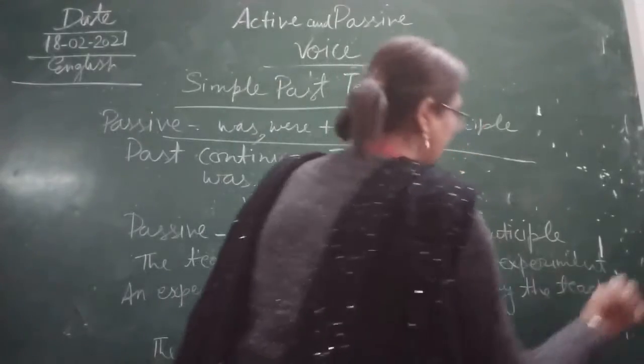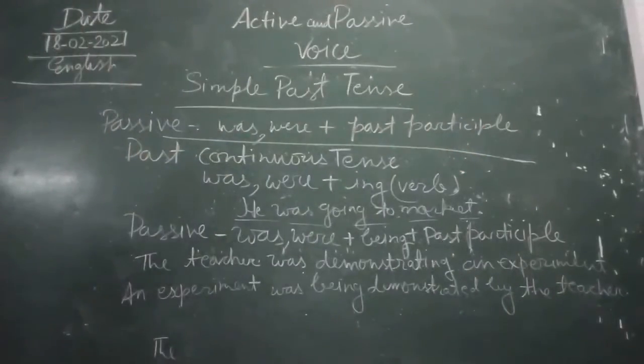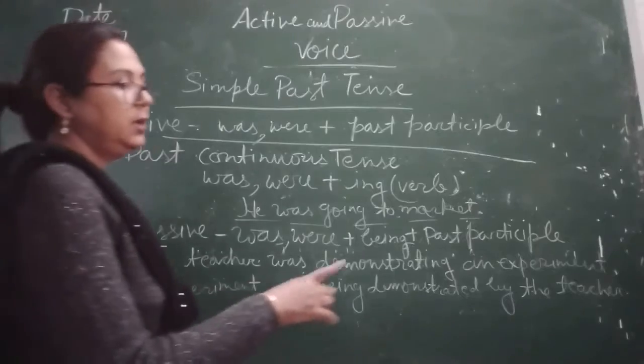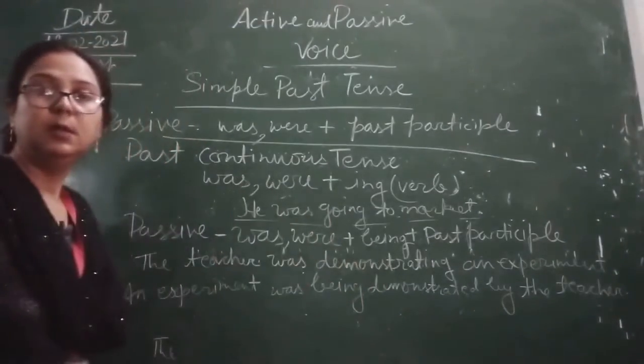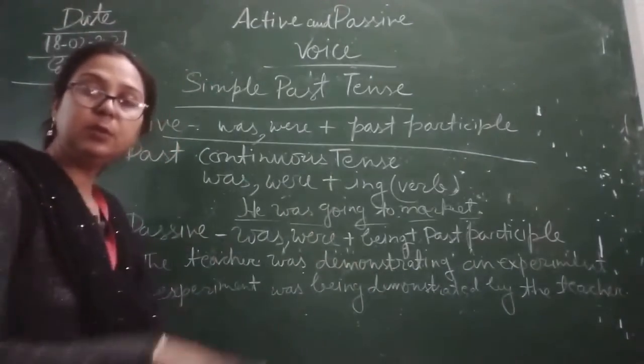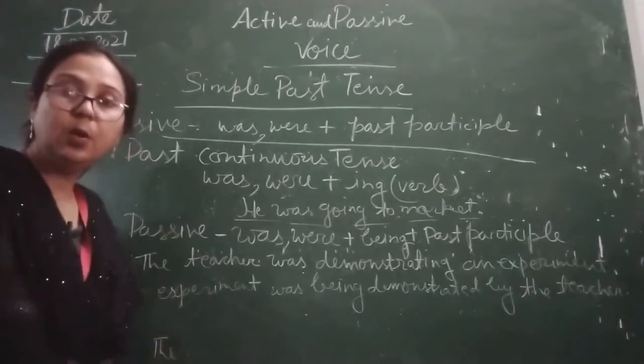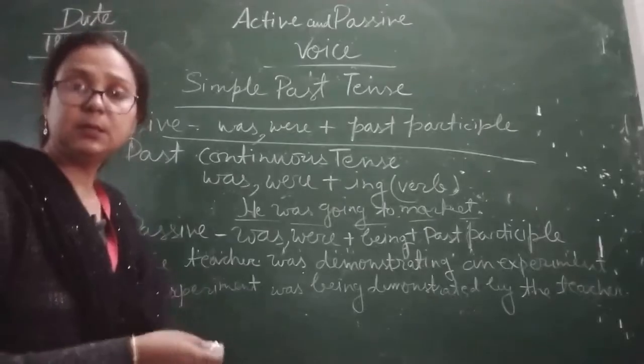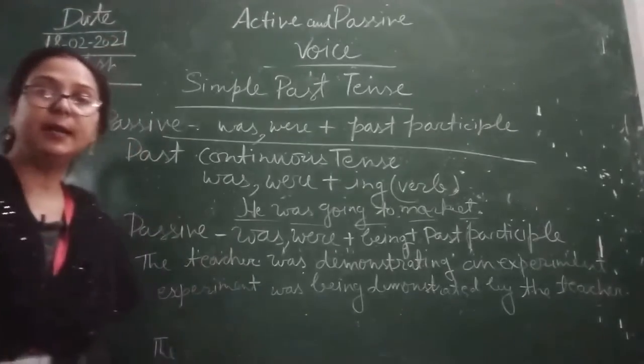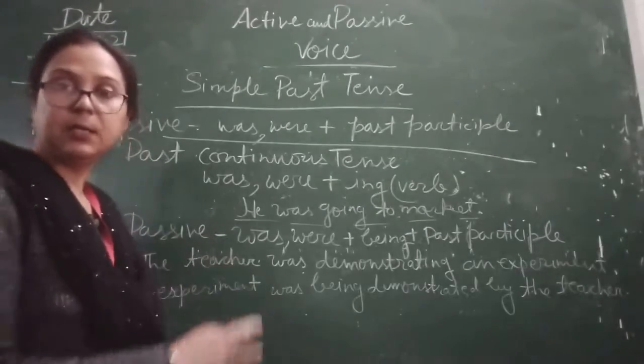Now here children, you can see the experiment was being demonstrated by the teacher. Okay. Is that clear to you? This past continuous tense is clear to you, I hope. We have discussed many examples, that is why I think it is clear.